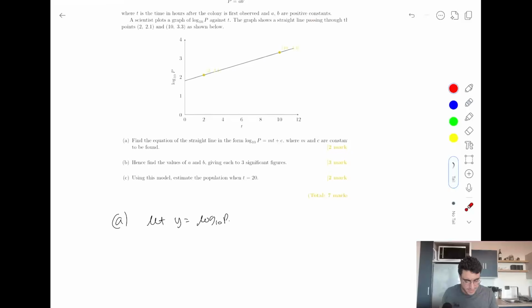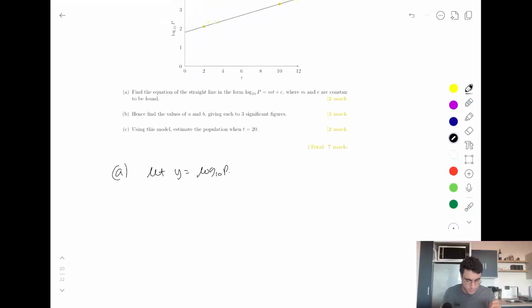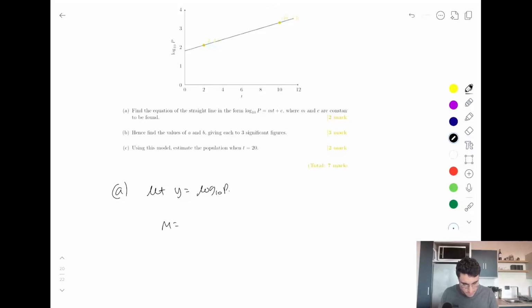In that same vein, we can find m. We need to find an equation, so we do it as we normally would. m is going to equal rise over run, so 3.3 minus 2.1 over 10 minus 2, which gives me 1.2 over 8, which gives me 0.15.